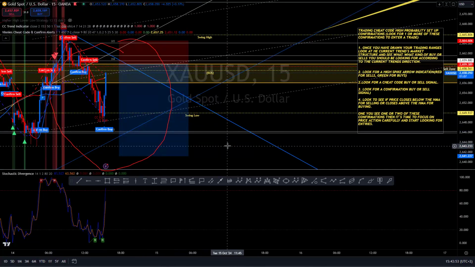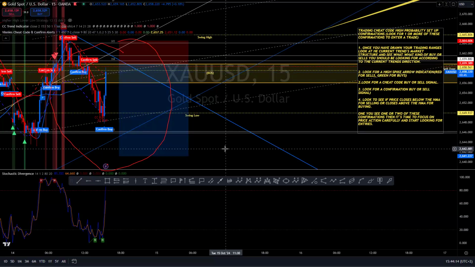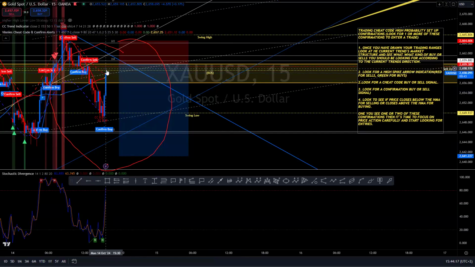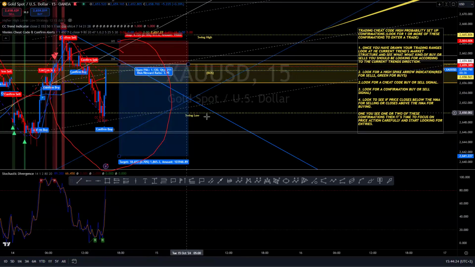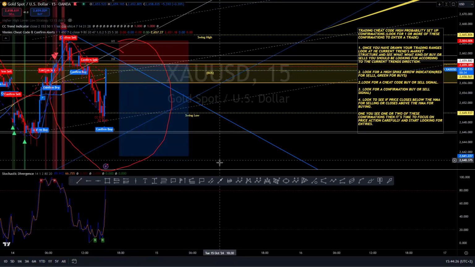We got a little bit over a minute left. We'll probably have to look for a cheap buy or confirmation sell here up in this area. But we can get even a spike indication that would probably be confirmation as well.